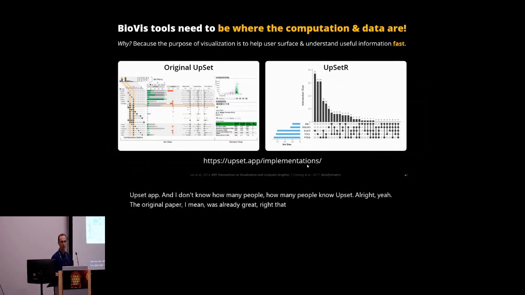It introduced a very efficient new way of visualizing set intersections, but it wasn't until the R port was published that it really took off and had a massive impact on the scientific community. And the whole reason why, in my opinion, is because you brought the tool where the computation actually happens, where the research happens, where the data is.